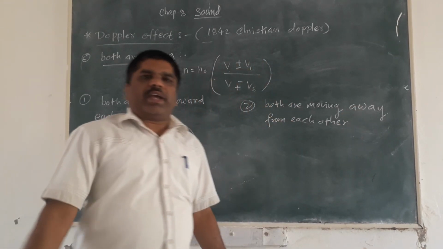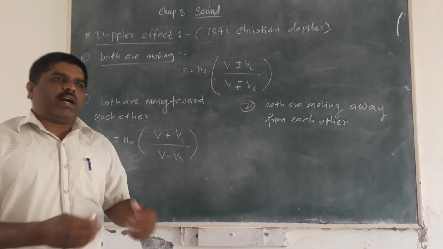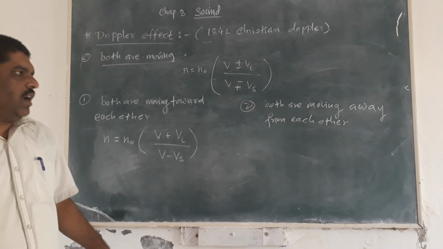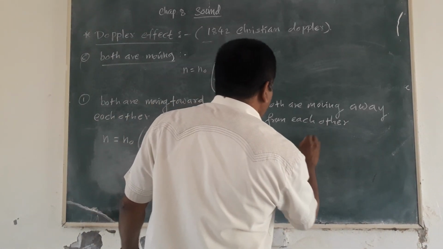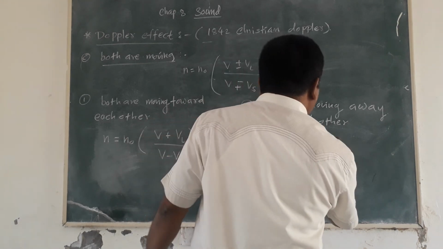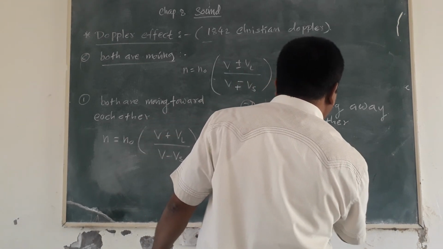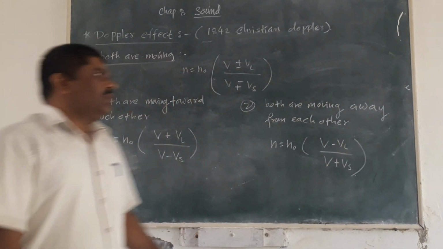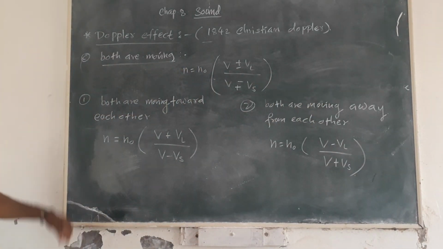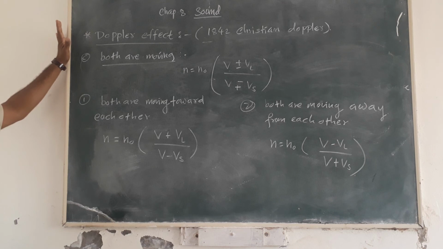Source of sound and observer एकामेकीपासून दूर जात असताना the change in frequency is n is equal to n0 V minus VL divided by V plus VS. These are the total 6 conditions of apparent frequency.